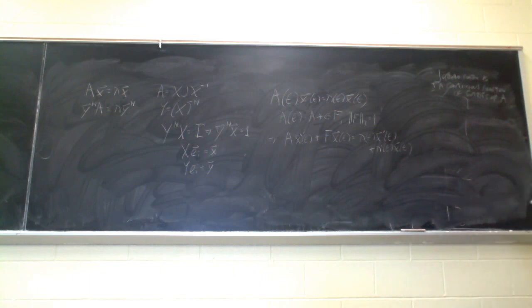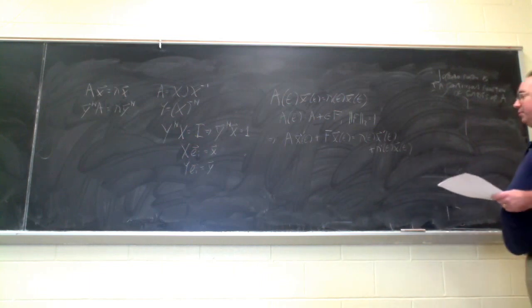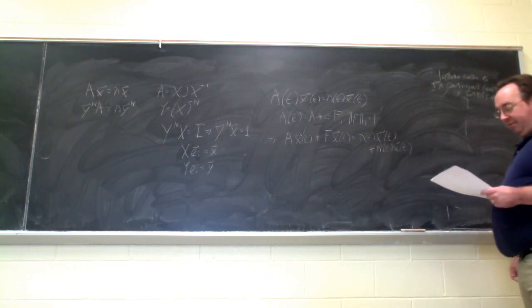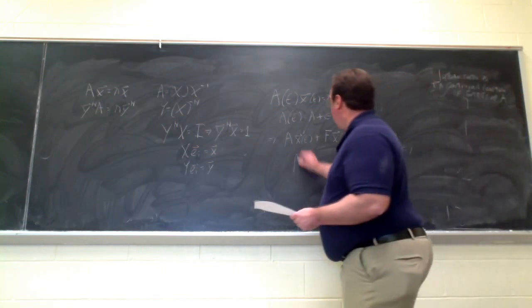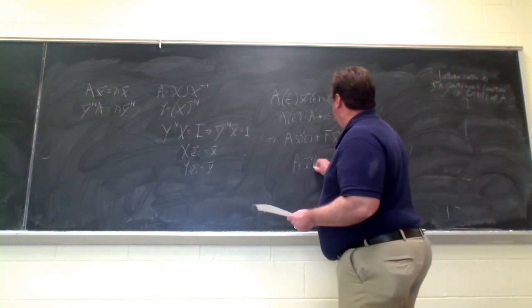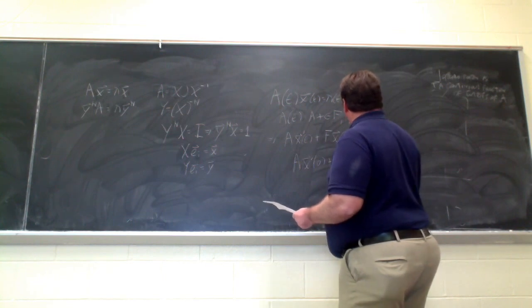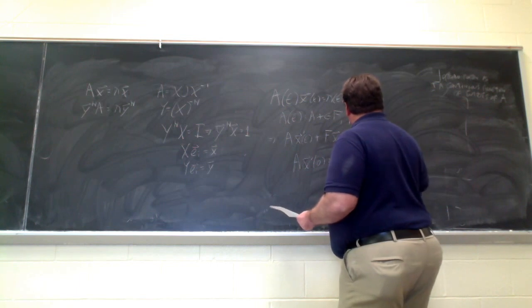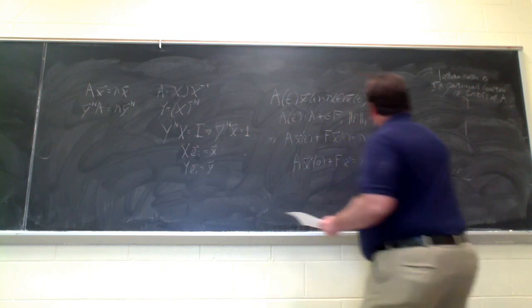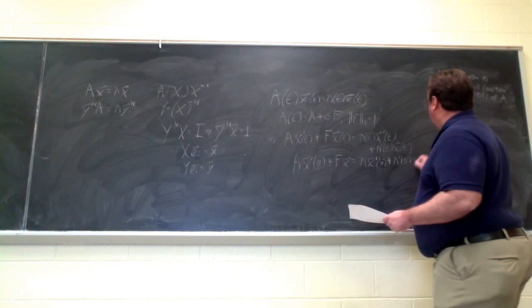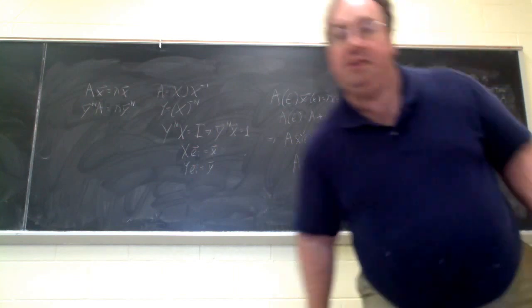And then I can plug in epsilon equals 0 everywhere. So A x prime of 0 plus F x is equal to lambda x prime of 0 plus lambda prime of 0 x.